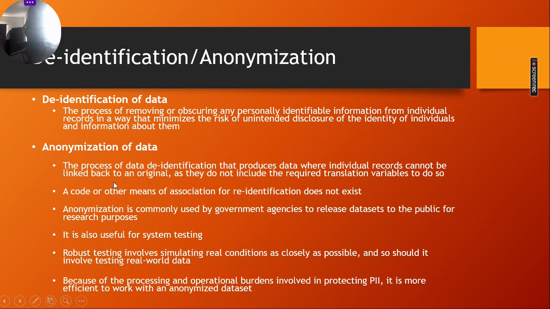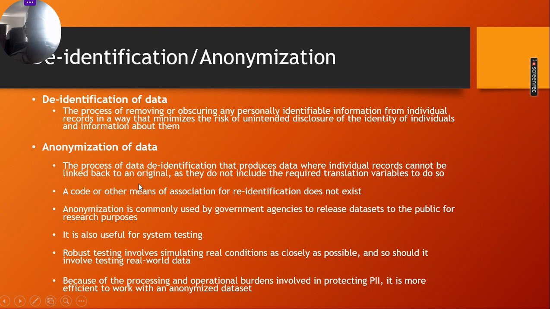Then we have anonymization of data. It is the process of data de-identification that produces data where individual records cannot be linked back to an origin. During de-identification, after you remove the personally identifiable information, what is left cannot help us trace the individual. But for anonymization, the individual records cannot be linked back to the origin.